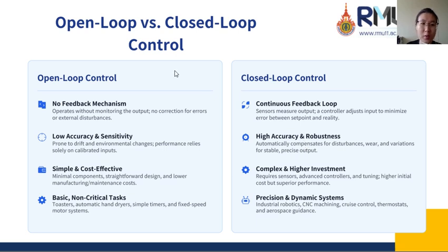It is important to understand the difference between open-loop and closed-loop control. Open-loop systems are simple and cheap, but they lack feedback, making them inaccurate and sensitive to changes. Think of the toaster.